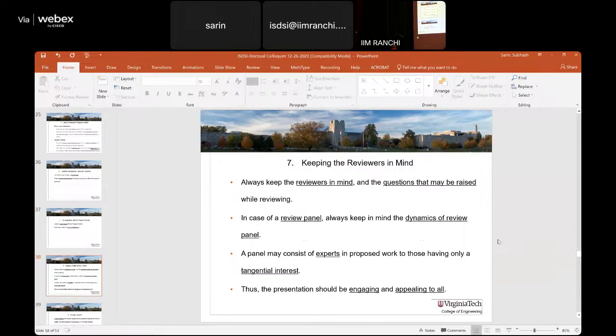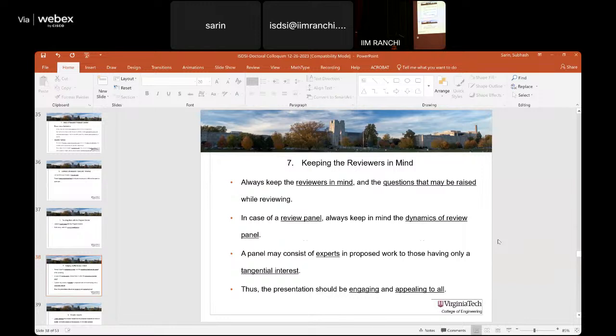In case of a review panel, if you know what the review process is, the dynamics of the review panel is very important. Many times your review panel members have no idea about your work. So it is very important to make sure the proposal that you write is going to be appreciated by the experts as well as non-experts in the review panel.